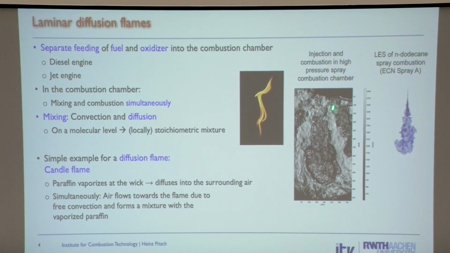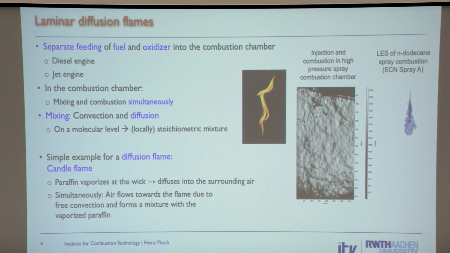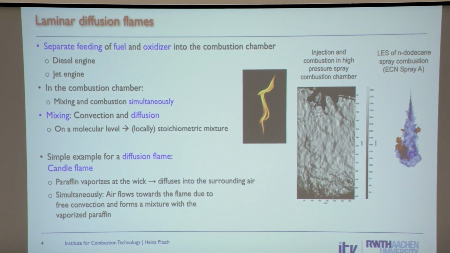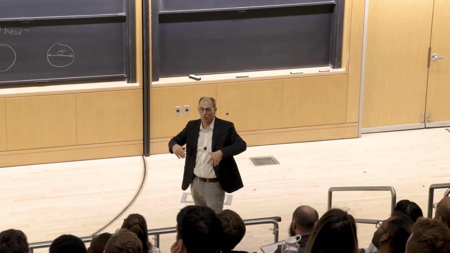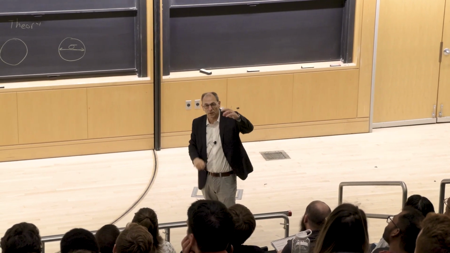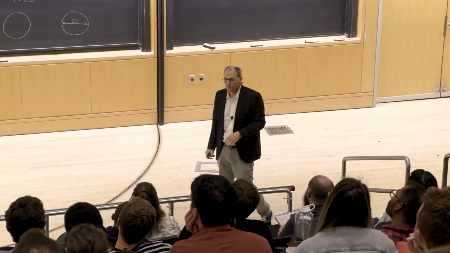This is an experiment that we run in our lab, a high-pressure diesel spray injection chamber. It's a chamber that goes up to maybe 100 bar and 1,000 Kelvin, with a slow flow through it. There's a diesel injector, and you inject the diesel fuel.